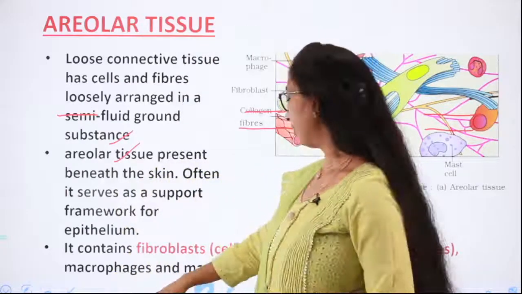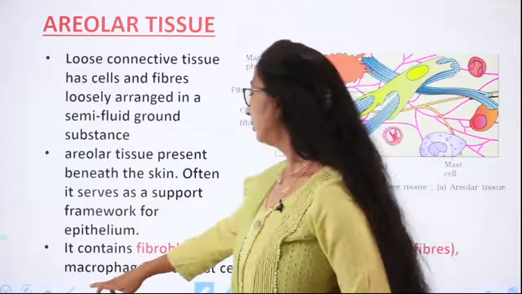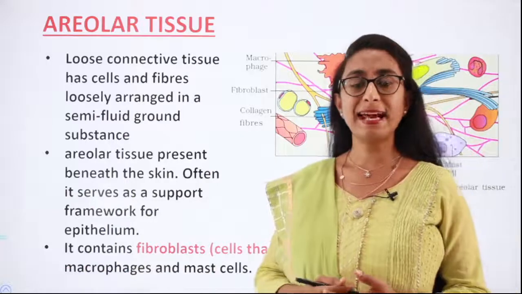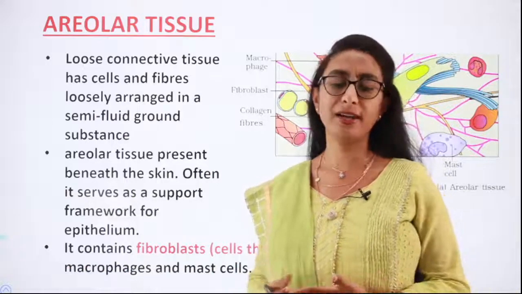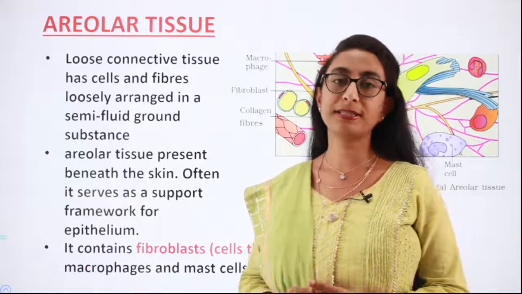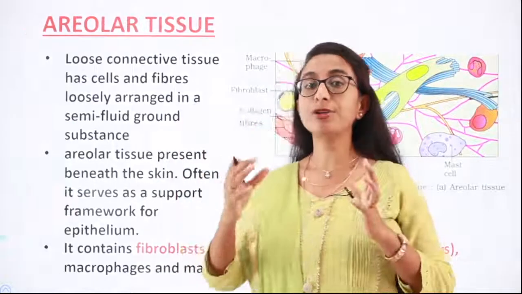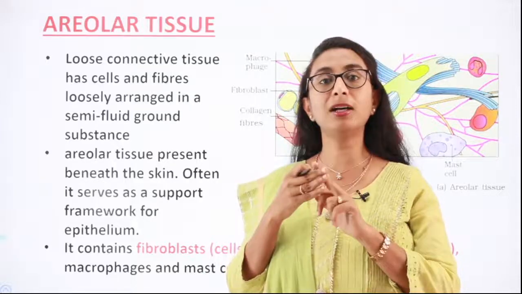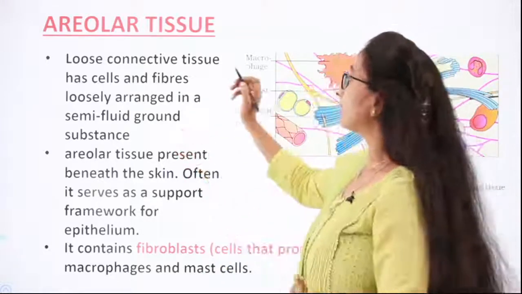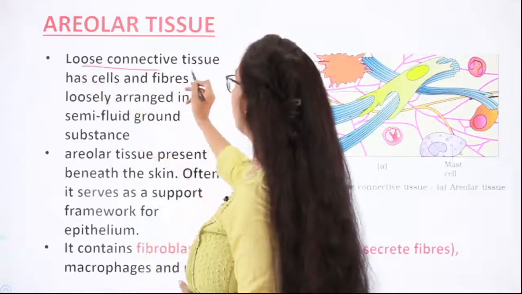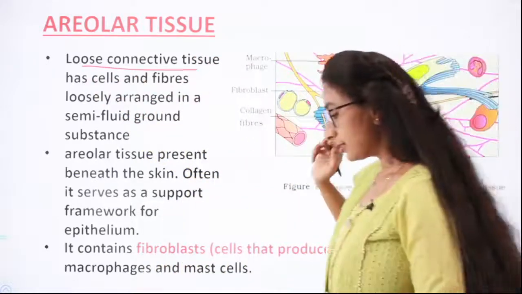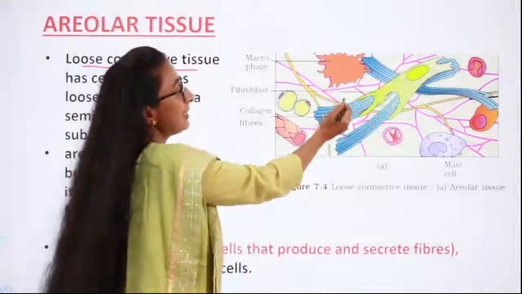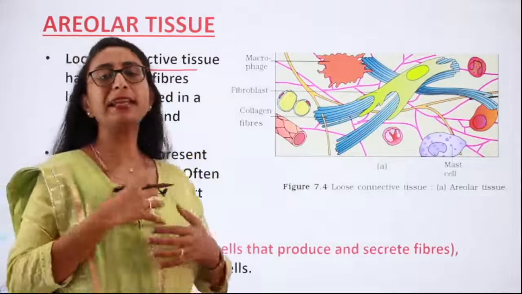So what are the loose connective tissues? Loose connective tissue has cells and fibers which are loosely arranged in a semi-fluid ground substance. Already I told you the connective tissue is composed of three important components: one is the cell, other one is the fibers and third one is the matrix. What happens in a loose connective tissue is, this is the matrix. In the matrix, you can find the cells which are suspended in a very loosely arranged manner.